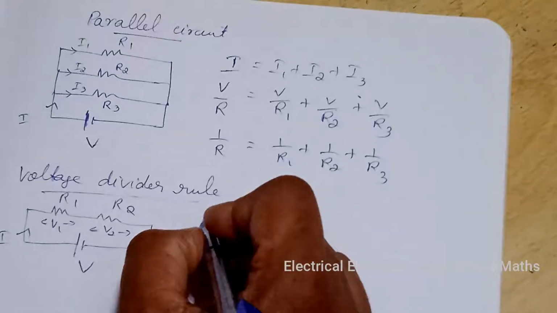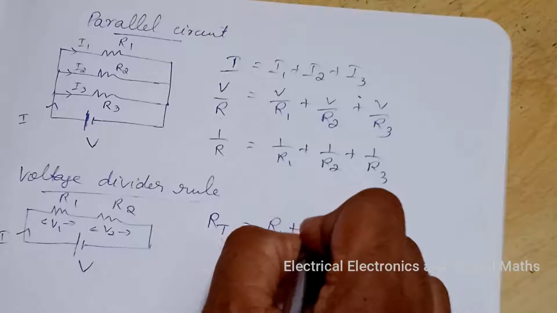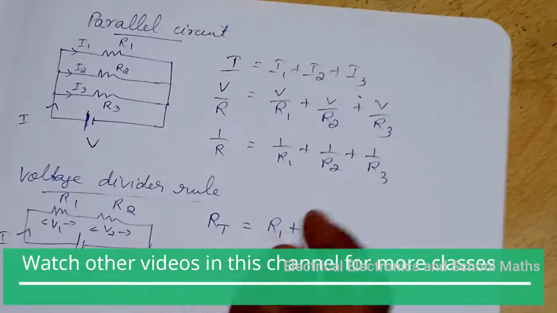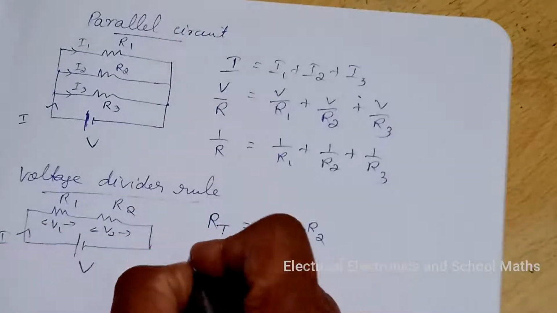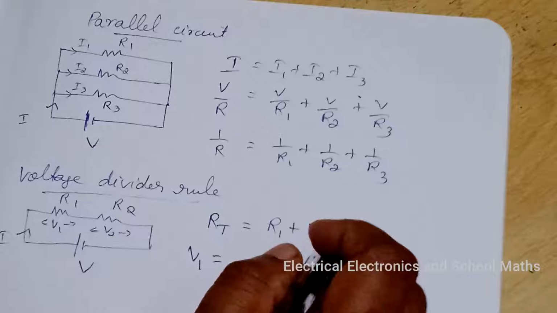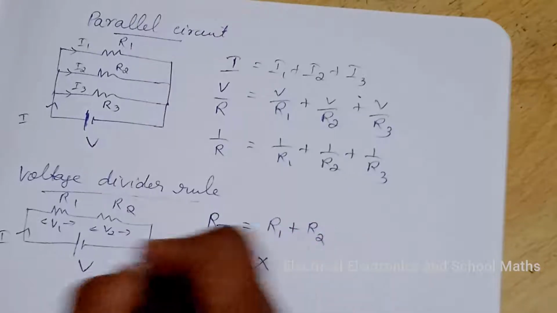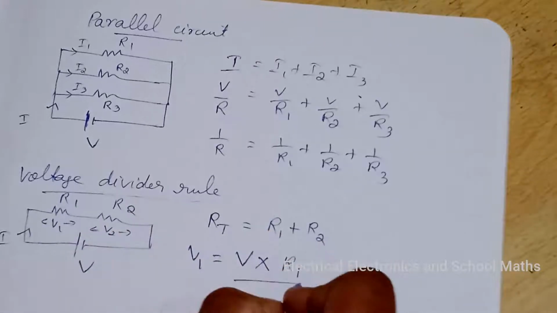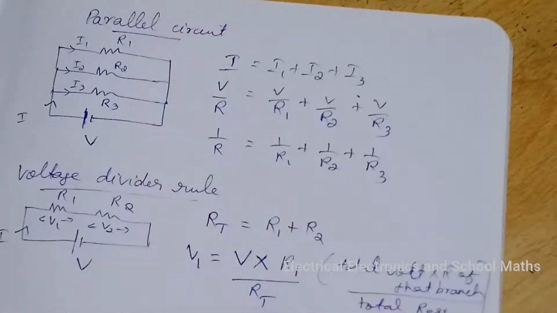For applying the rule, let RT be the total resistance of the circuit, that is RT is equal to R1 plus R2. So we have to find V1 and V2. V1 will be equal to the total voltage V into the resistance of that branch, R1, divided by the total resistance of the circuit.